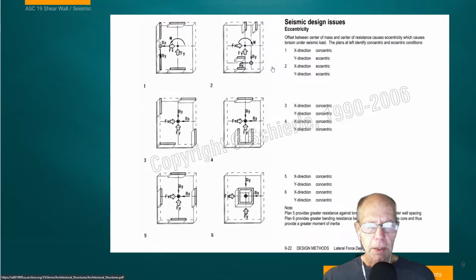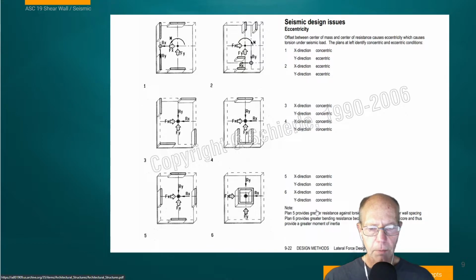Another idea in the design of buildings is where we place our shear walls with respect to the center of mass of the building, and in that case, how stiff and how concentrically the building will modulate or flex when exposed to an earthquake. In this case, 5 and 6 are interesting.